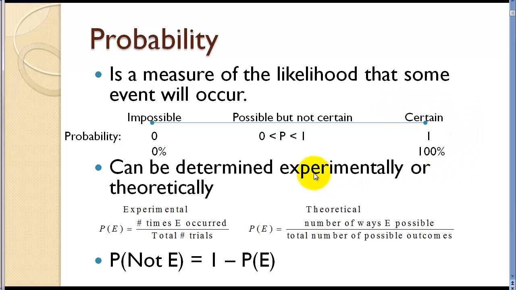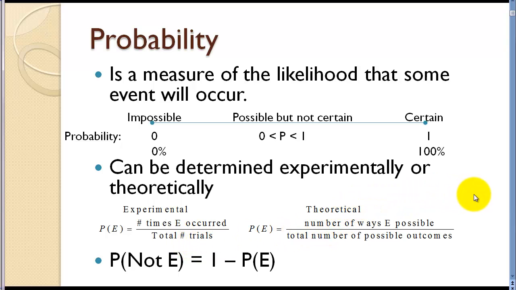Now we can determine probability experimentally or theoretically. When we do an experiment, we run the experiment some number of times, and we're looking for some particular event called E. So we would count up how many times that event occurred divided by the total number of trials.